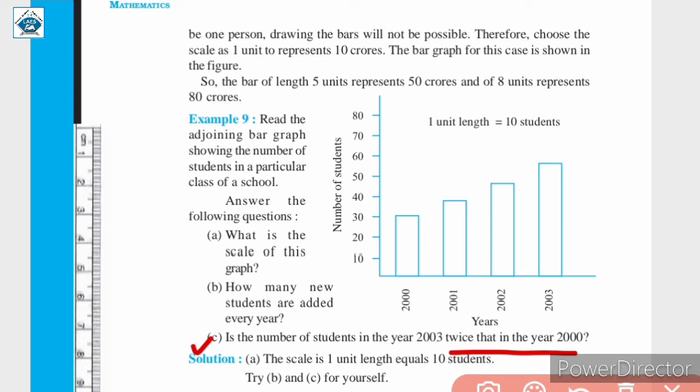So here the number of students in the year 2003 is 60 and the number of students in the year 2000 is 30. So the answer is yes, 2000 में 30 थे number of students and it became double, that is 60. So here the answer is yes, the number of students in the year 2003 is twice that in the year 2000.